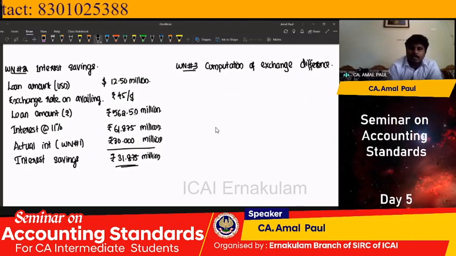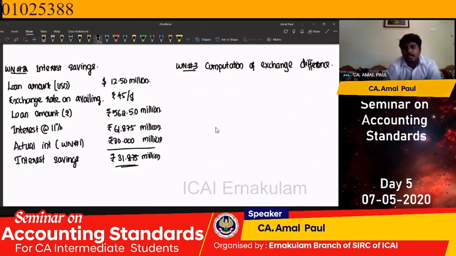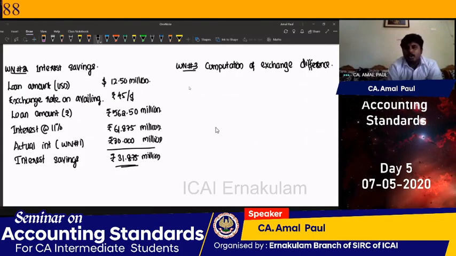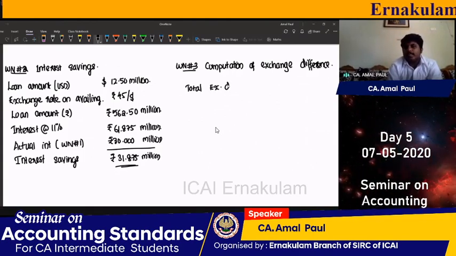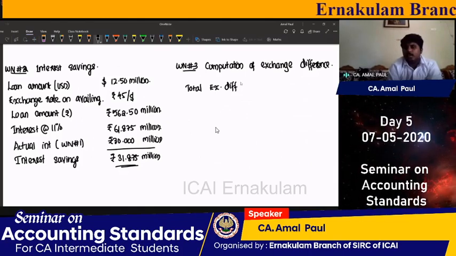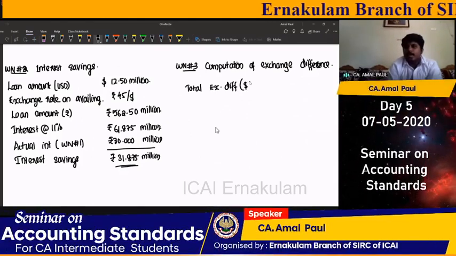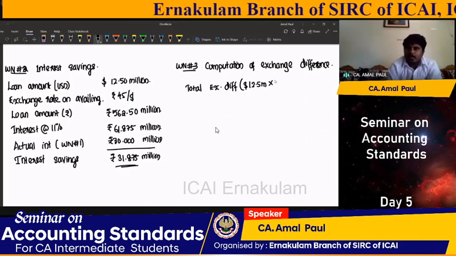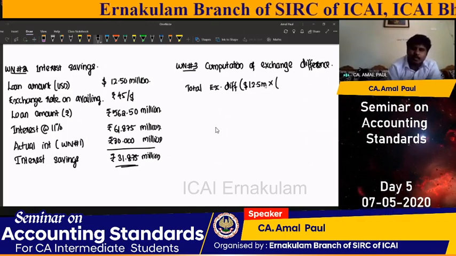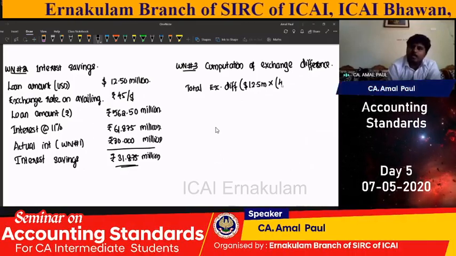Okay? If you take exchange difference, your total exchange difference is equal to: you had borrowed 12.5 million. At the time of borrowing, your exchange rate was 45 and now it is 48.